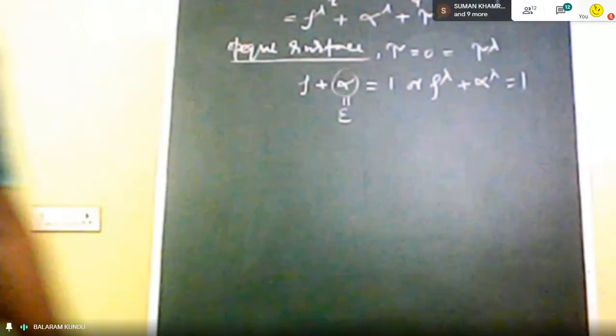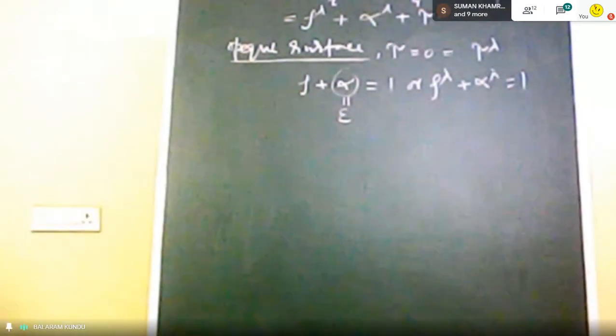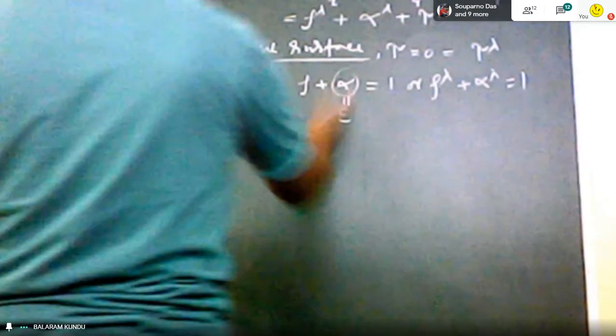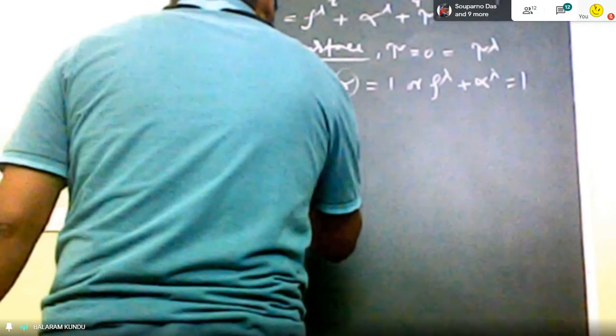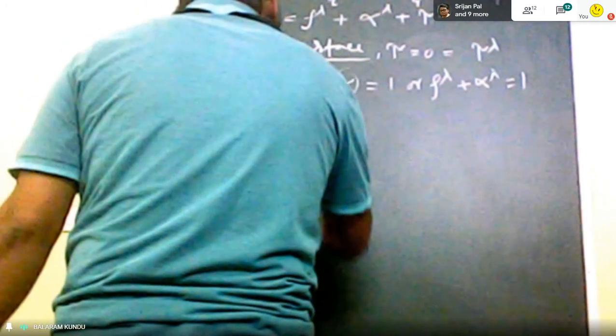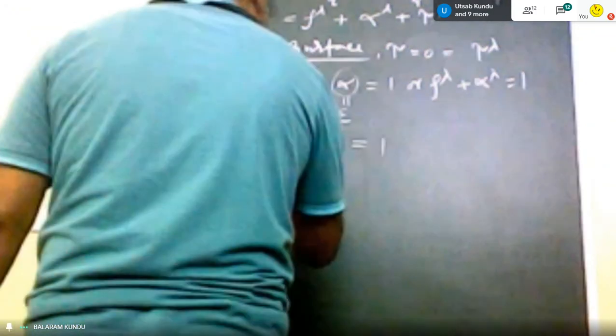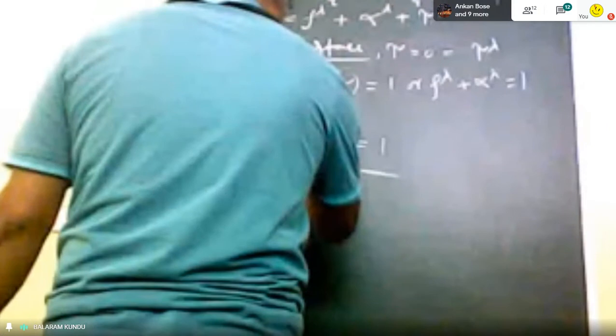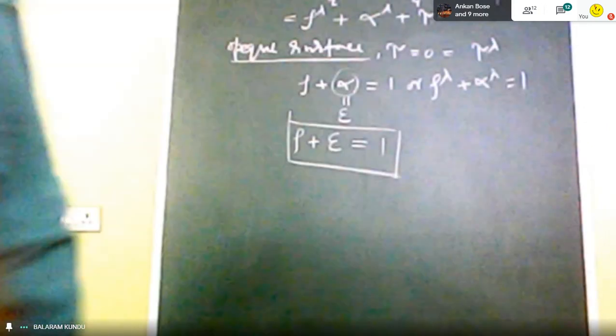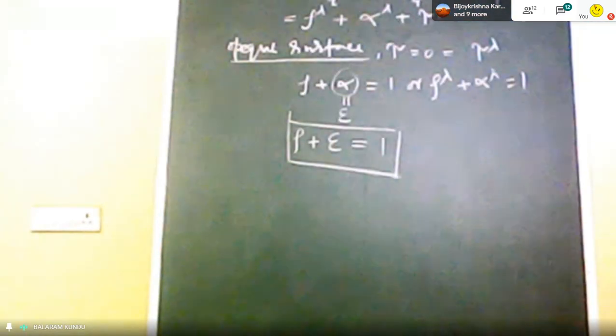Therefore we can write for an opaque surface, rho plus epsilon, where epsilon means emissivity, should be equal to 1. You can replace alpha by emissivity using Kirchhoff law.